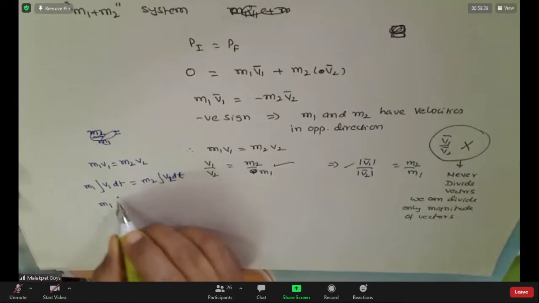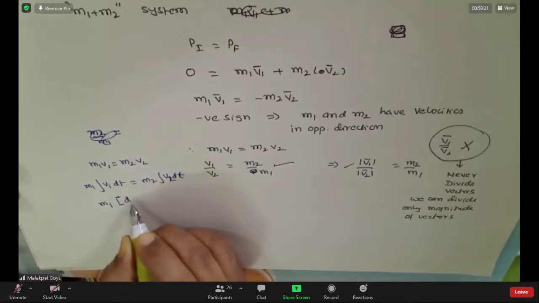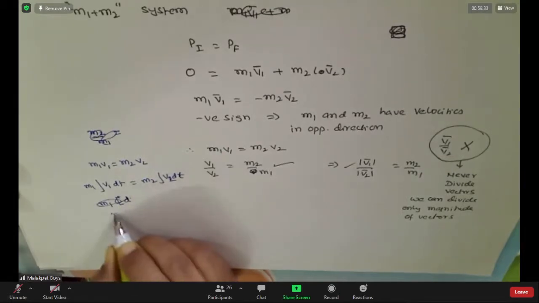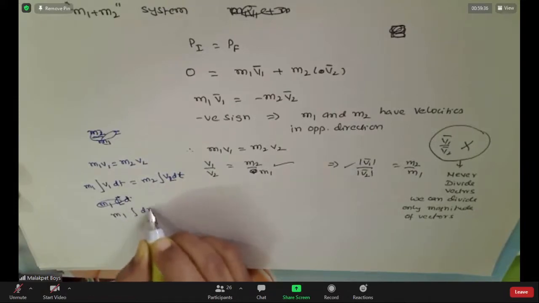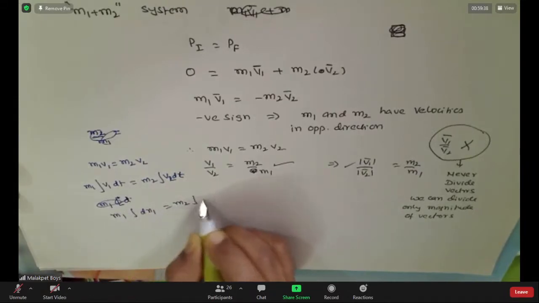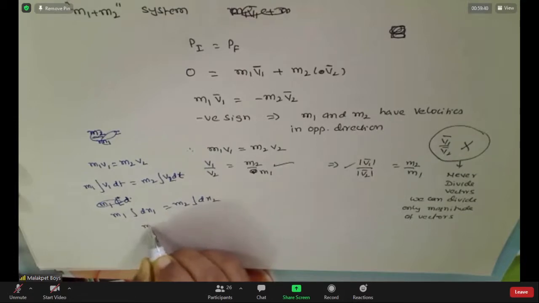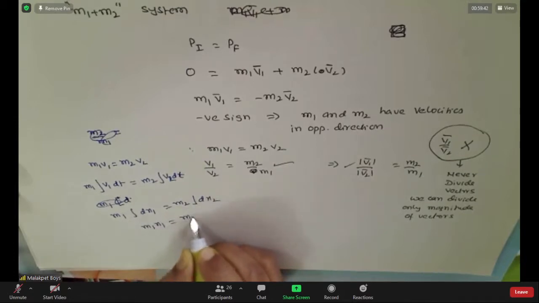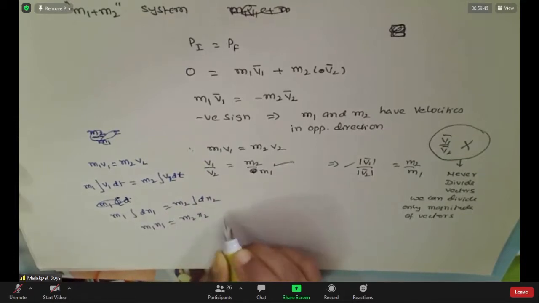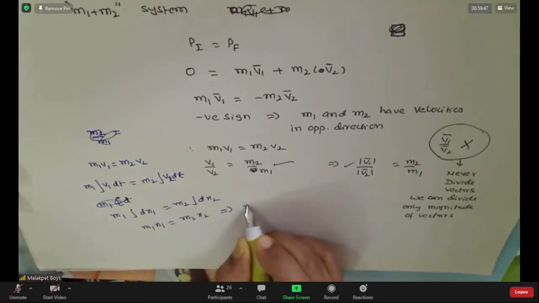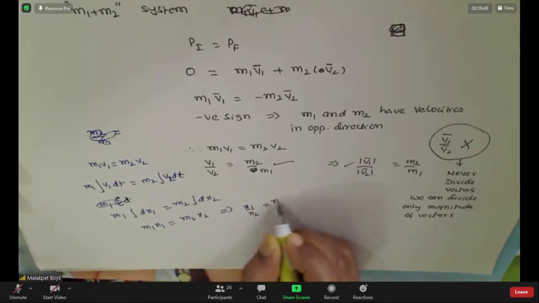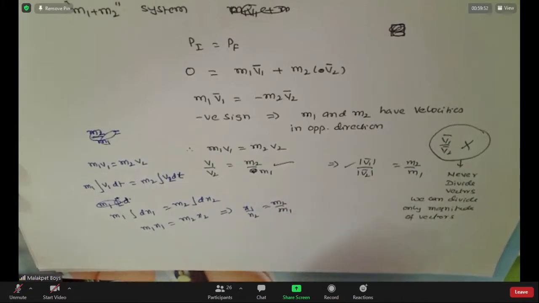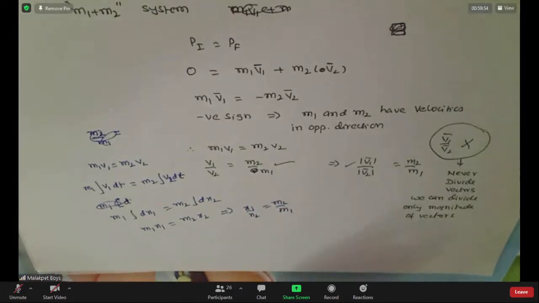Then it's DX1, DX2. Now what is he asking? So ratio between displacements. Understood this? One more is asked, sir. Ratio between acceleration.